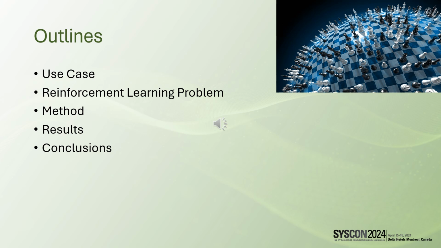To sum up, on this slide I'm presenting my outline for this paper. I have a use case, the infrastructure that is used, the reinforcement learning problem and its development, what kind of method, and the results with a conclusion.